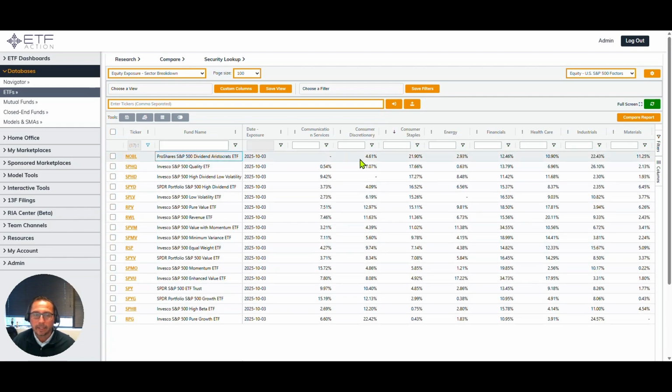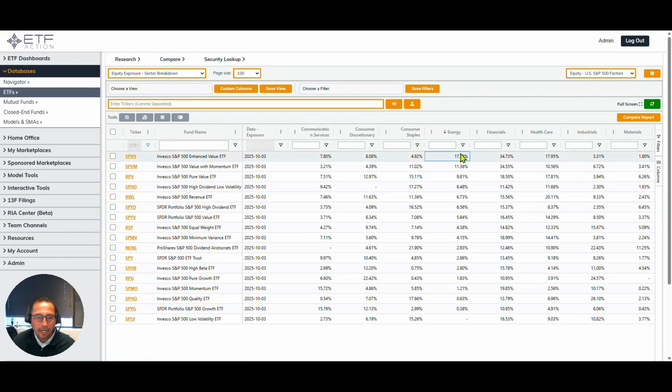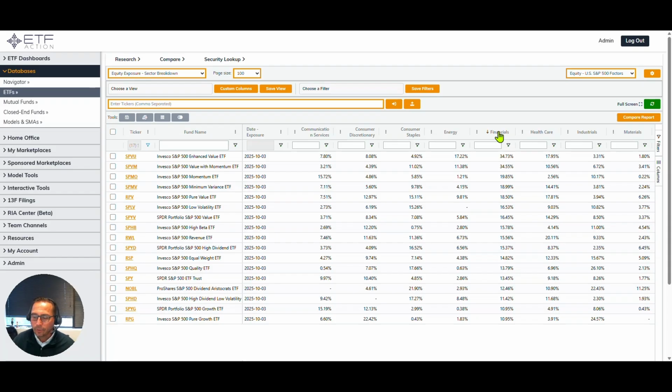Staples, not surprisingly, the dividend aristocrats, those consistent dividend payers. If you look at energy, the enhanced value strategies and the value and momentum are picking up a lot of energy names right now. Financials, we can go through all of these, but I think it's just a great way to look at the market.